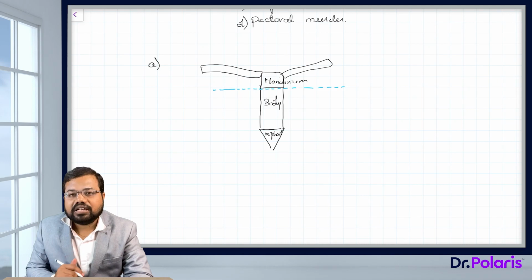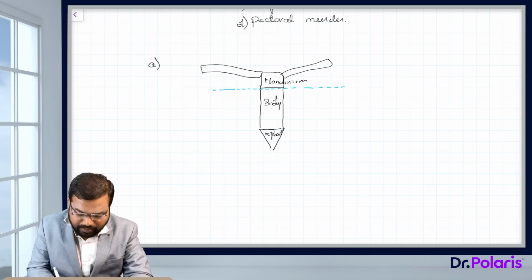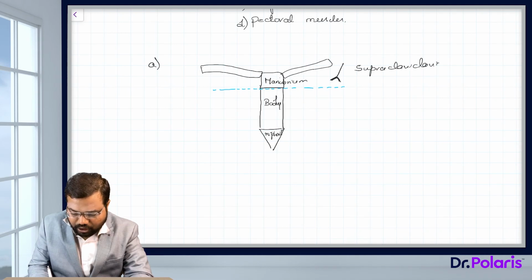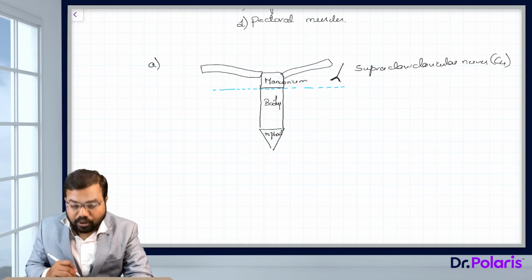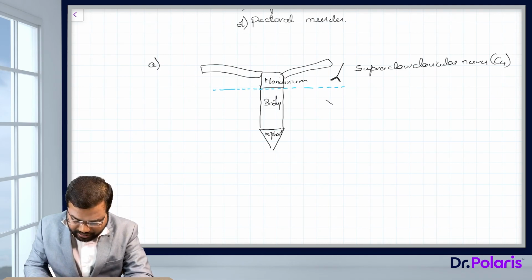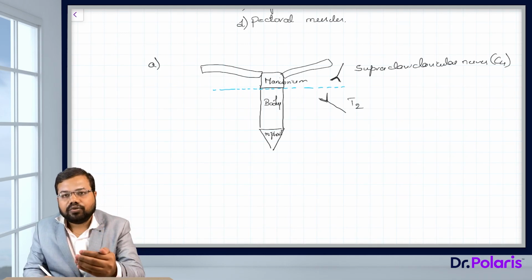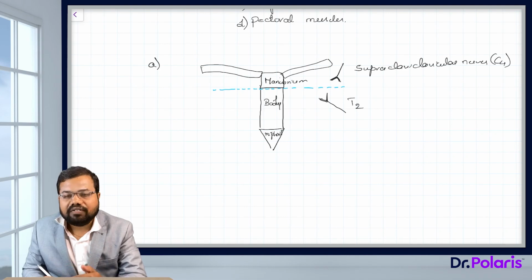If you take an imaginary plane through this, the skin above it is supplied by the supraclavicular nerves, and its root value goes up to C4, right? And below the sternal angle, the next cutaneous or dermatomal supply is T2. So suddenly C4 shifts to T2 at the level of the sternal angle.